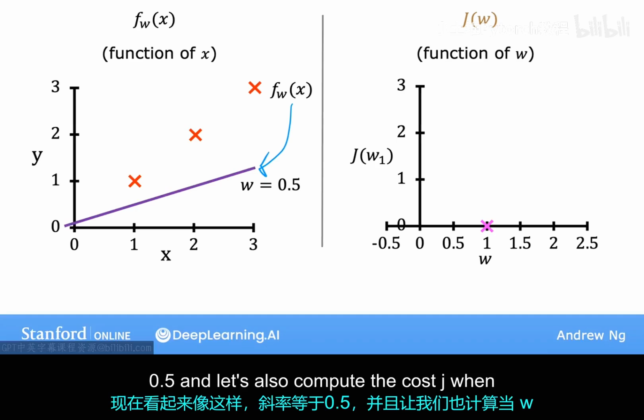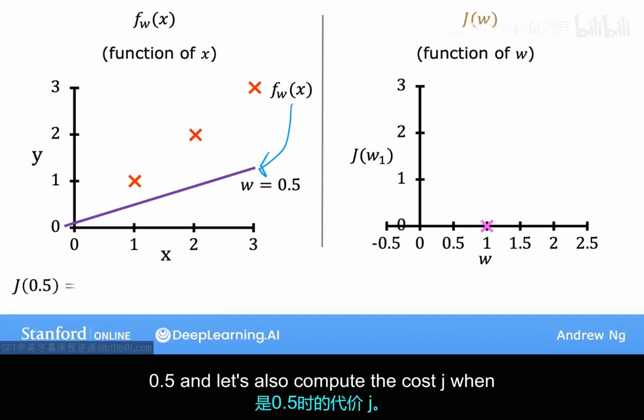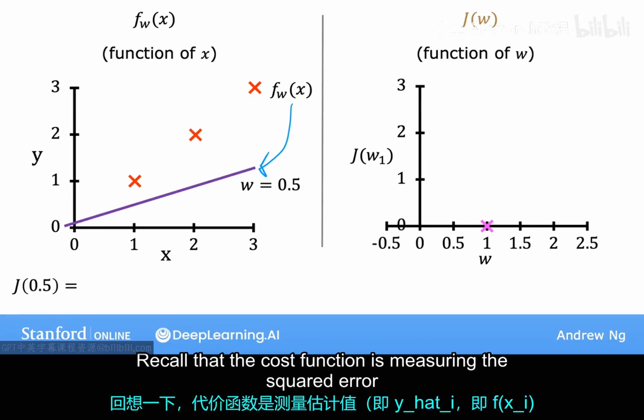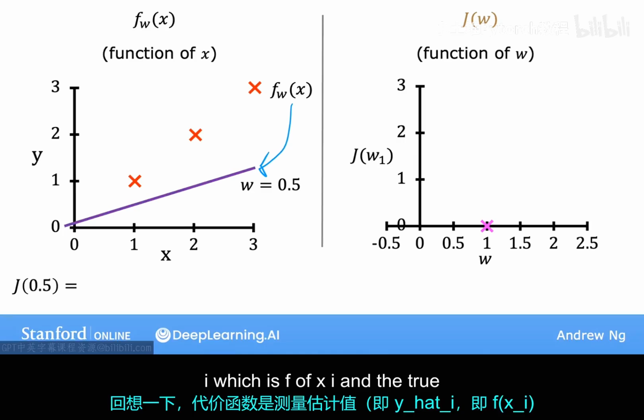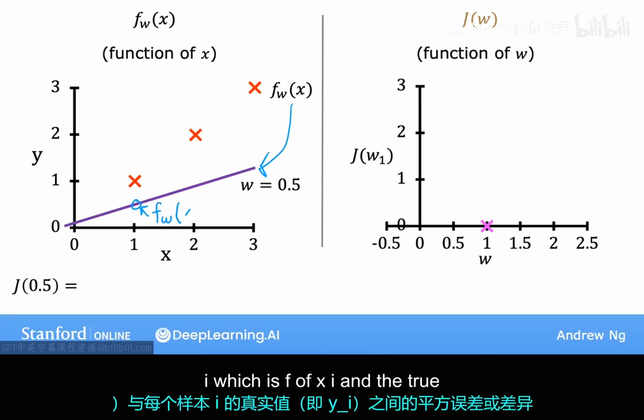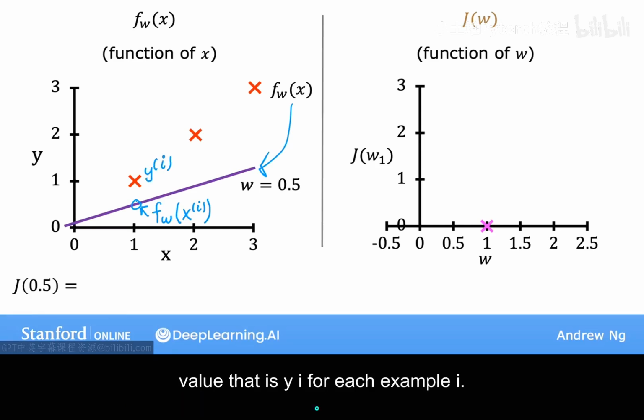And let's also compute the cost J when w is 0.5. Recall that the cost function is measuring the squared error or difference between the estimated value, that is y hat i, which is f of x^i, and the true value, that is y^i, for each example i.